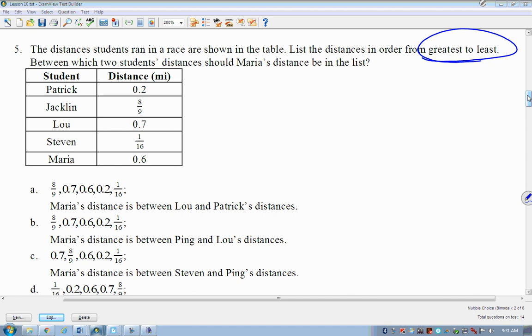Okay, so we want to order these, right? Greatest to least. So what do I want to do with the fractions? Decimals, right?